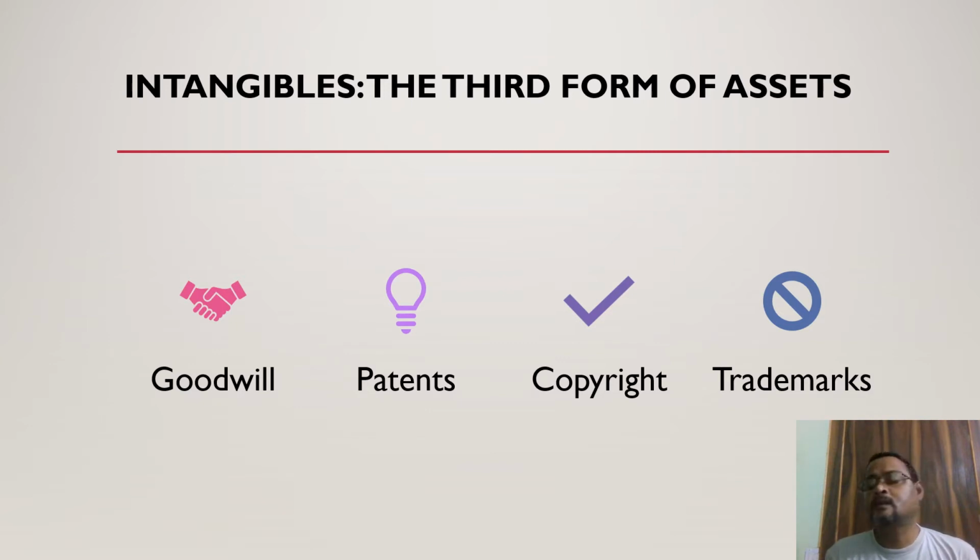Like any other normal asset, you can buy and sell these assets, but these assets are not going to be seen. They exist only in the books of accounts. They have value, they are legally recognized, and some of these assets can be depreciated, some of them are not.